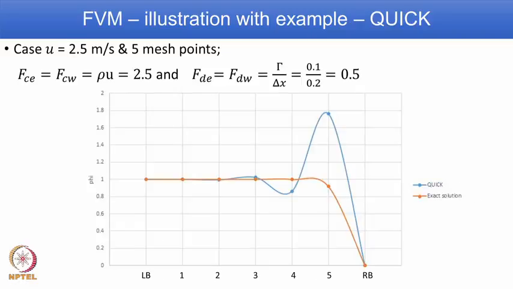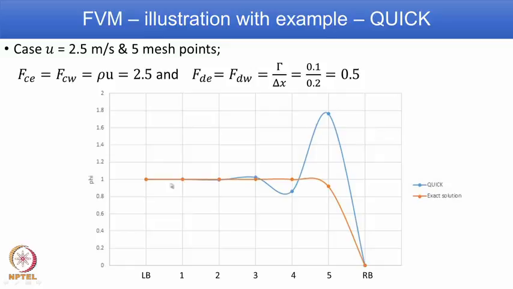In the next plot you see performance of the QUICK scheme. If you increase the velocity from 0.1 meters per second to 2.5 meters per second, number of mesh points still remains as 5, then you see the performance of the QUICK scheme.